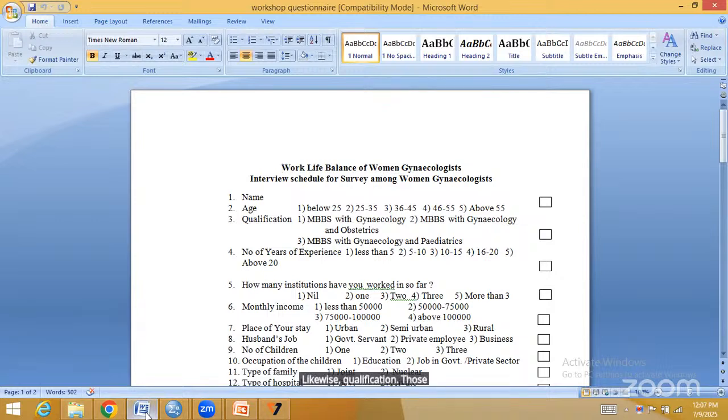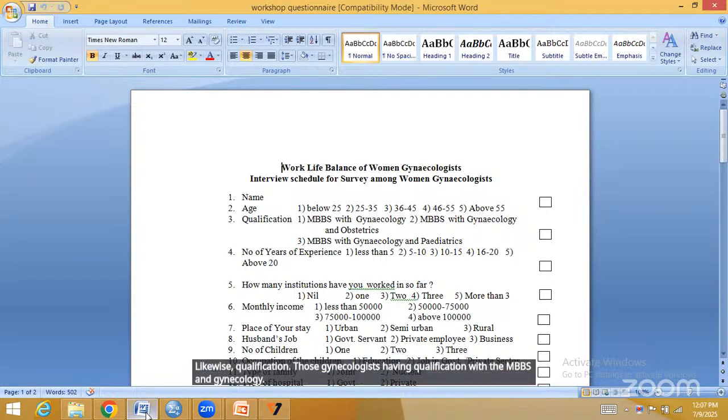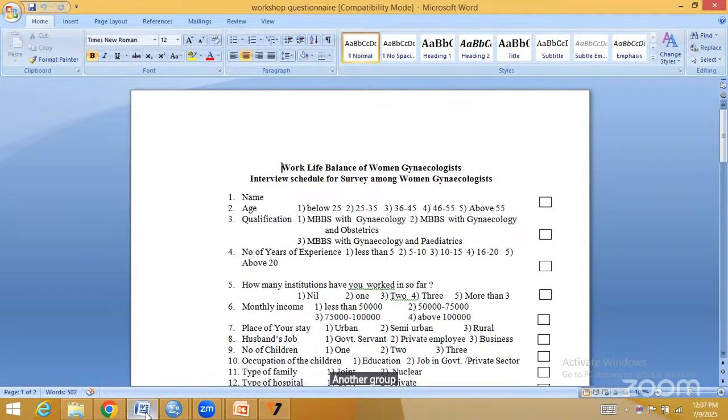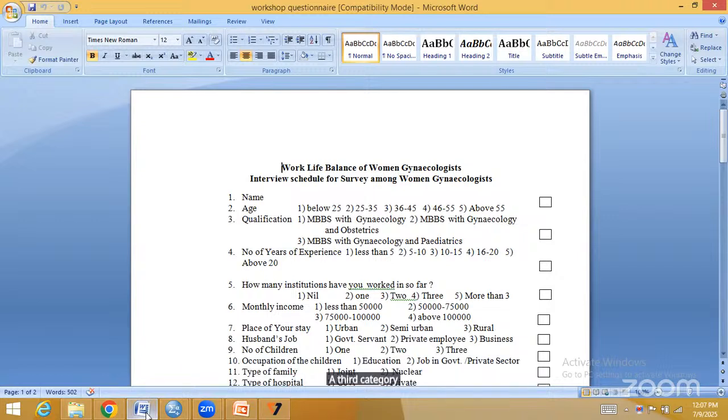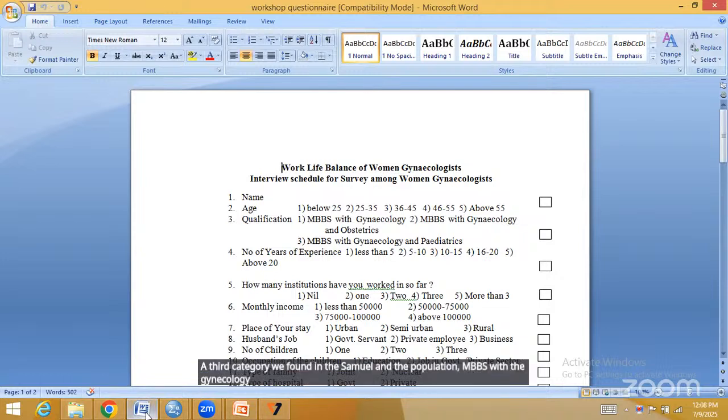Likewise, qualification. Those gynecologists having qualification with the MBBS and gynecology. Another group of gynecologists qualify with the MBBS and gynecology and obstetrics. And third category we found in the sample and the population, MBBS with gynecology and pediatrics.